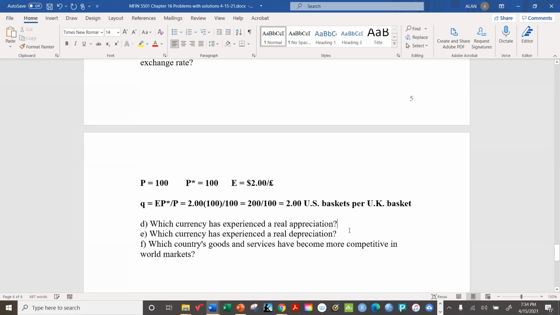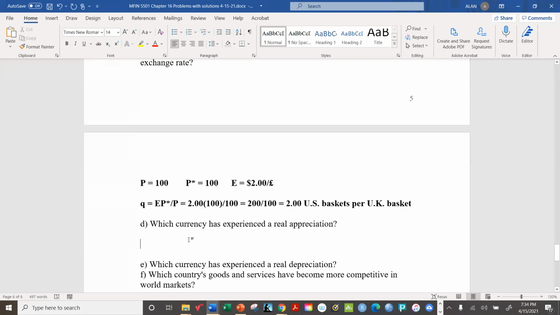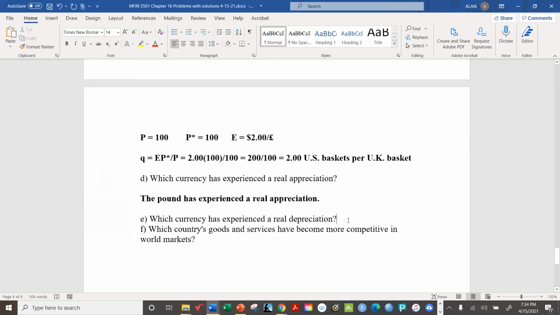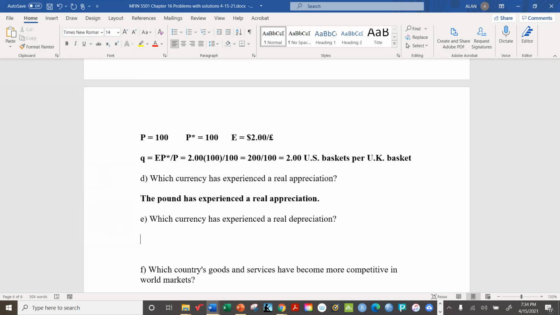So that means the dollar must have gotten weaker. So the pound has experienced a real appreciation, even though it didn't actually experience a nominal appreciation. In real terms, the pound has gotten stronger because, again, it takes more US baskets to buy one UK basket. That implies, of course, that the dollar has experienced a real depreciation.